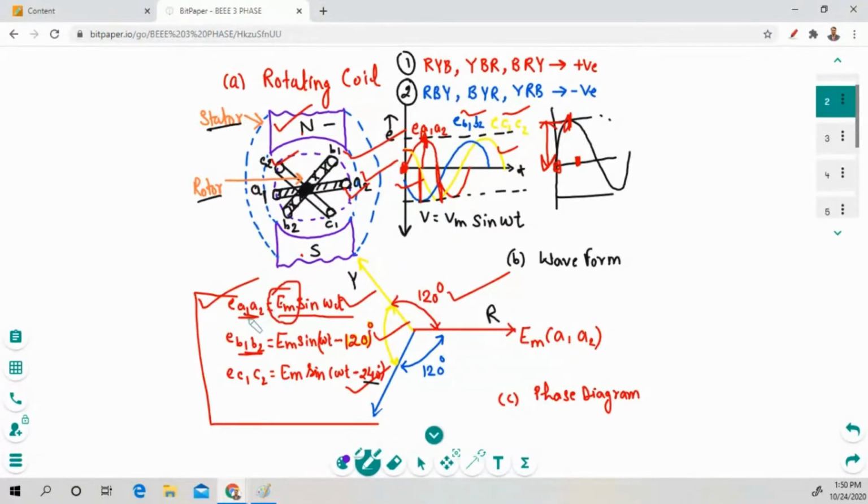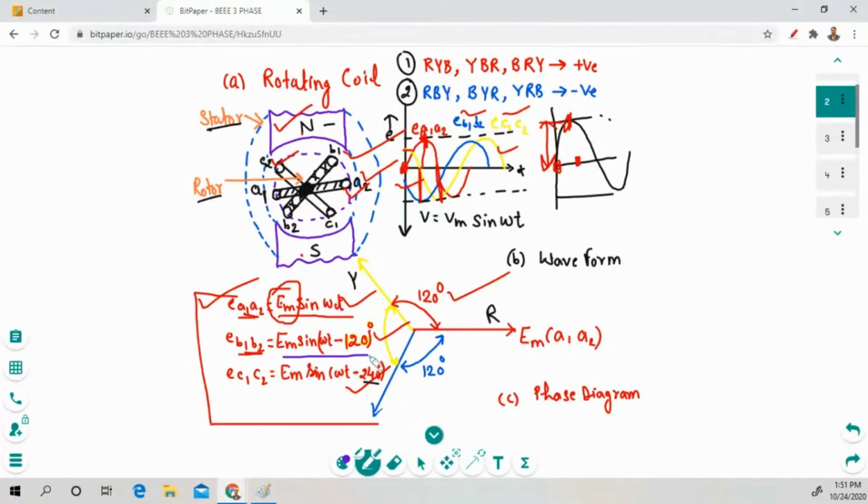As you can see, A1 and A2, two conductors, generate a voltage Em sine omega t, and B1 and B2 is a second conductor which generates a voltage Em sine of omega t minus 120 degrees. This is the first conductor A1 and A2 in red color. Second is the blue color, which represents the sinusoidal waveform of B1, B2, and the third one is the yellow conductor representing the third phase with C1, C2.